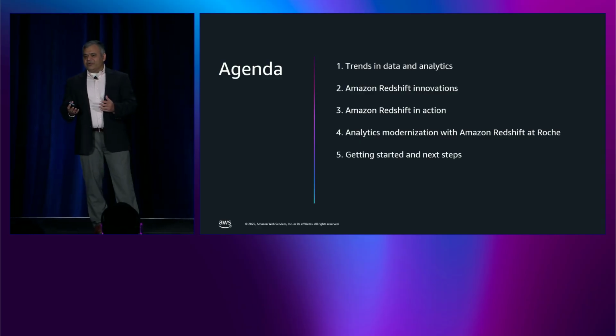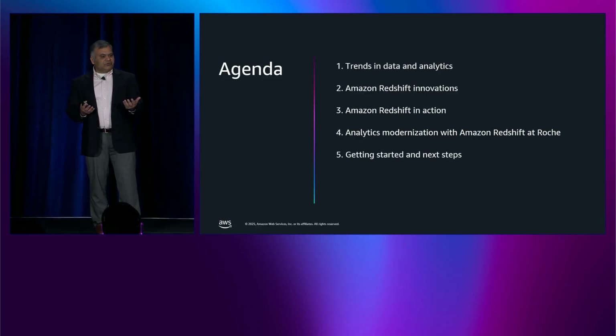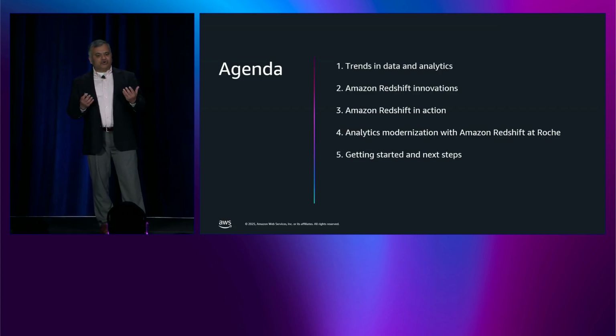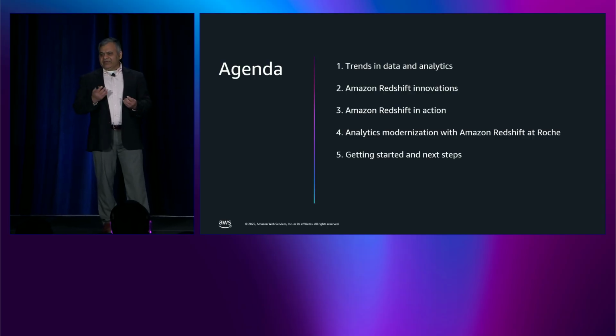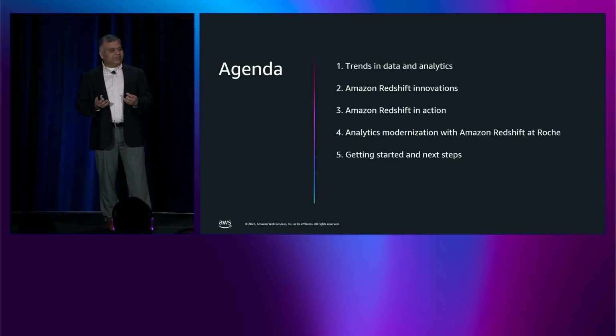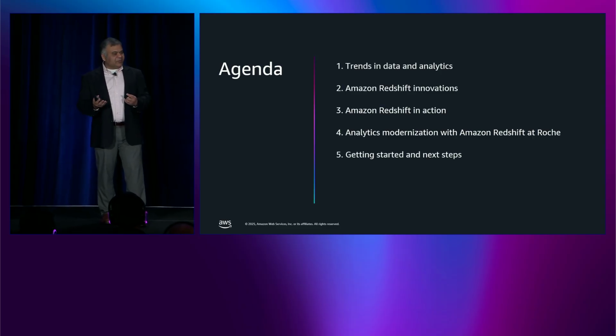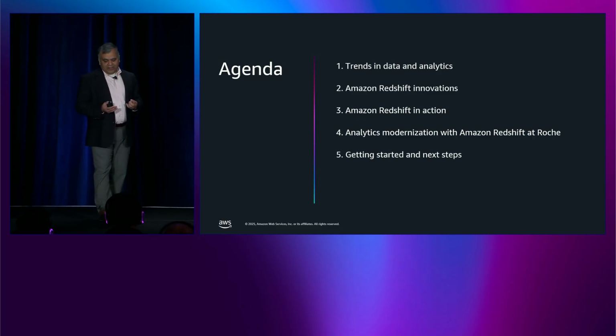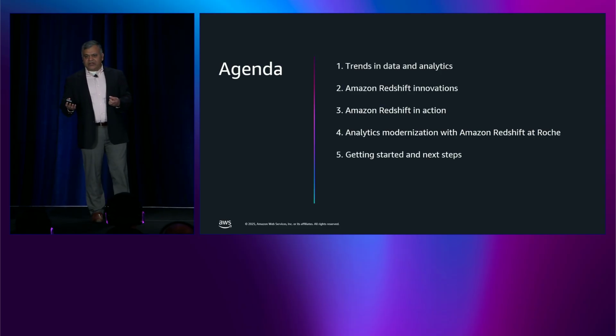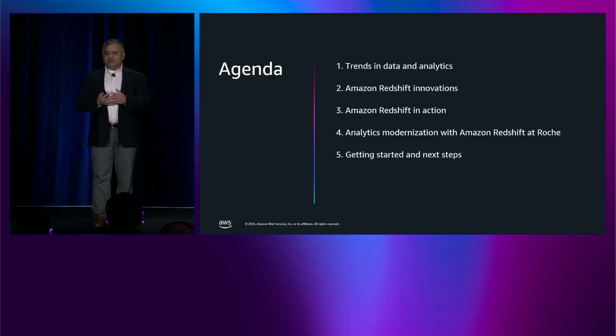Third, you'll get an opportunity to see Redshift in action. We know agentic AI is top of mind for everyone. So we'll show you some of the use cases of Redshift with live demos in terms of how you can use Redshift for agentic AI use cases using Redshift's MCP server and things like that. Finally, we'll turn it over to Yannick to take us through Roche Pharmaceuticals' journey around data warehouse migration and modernization.